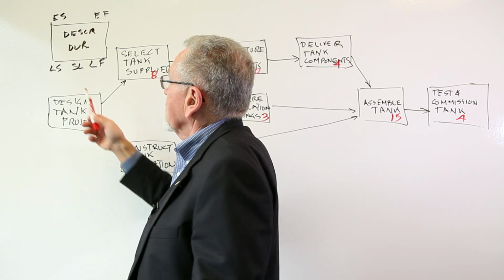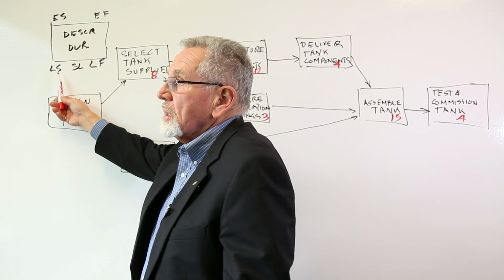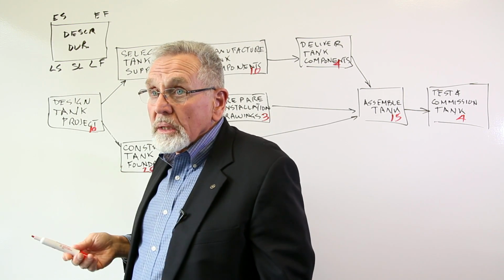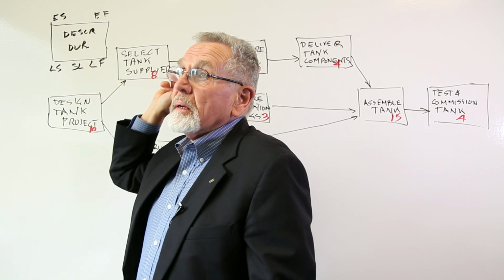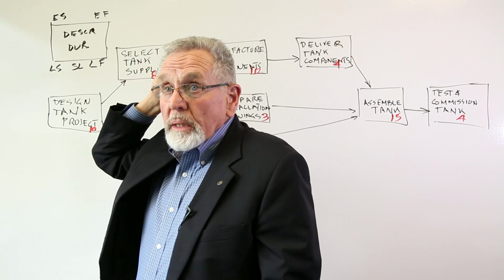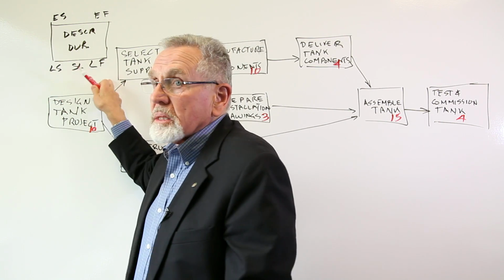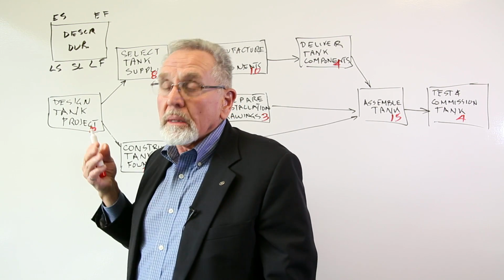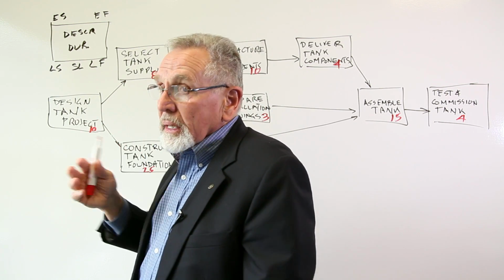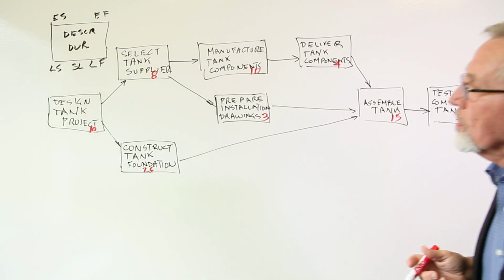We also define the late start, the latest that it can start, and the late finish, based on the end date. When do you want to finish it? Then you work backwards to determine the latest times that each of these activities must start in order to meet that. And I'll show you what that means, I hope.